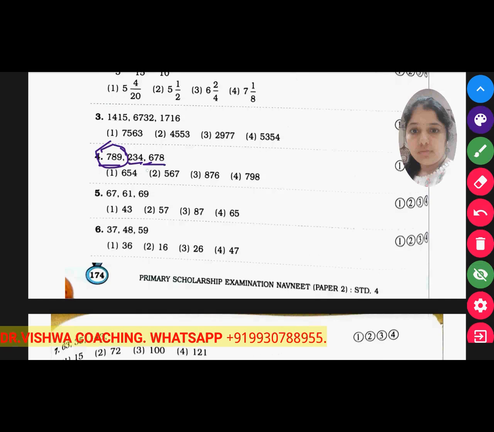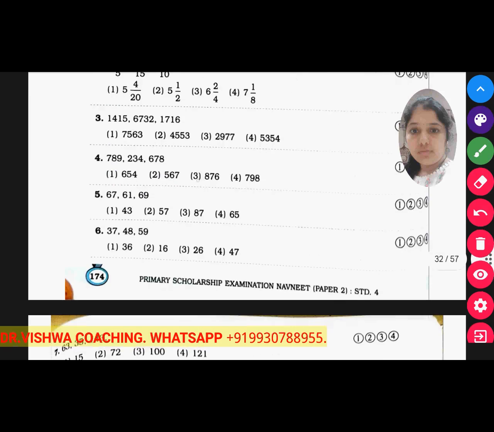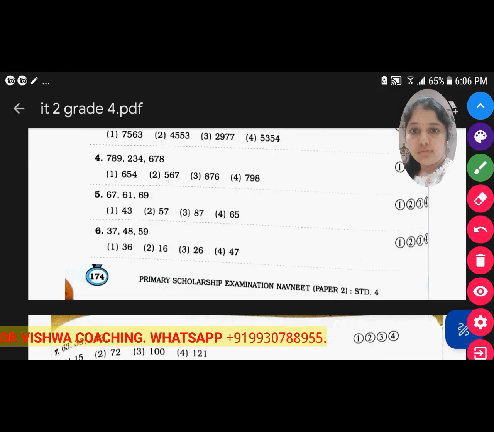So you have to find the option in which the digits are placed sequence-wise. 6 5 4, but they are reducing by one, not increasing by one. We want increasing by one, like 5, 6, 7. Yes, they are increasing by one. So 561 is the correct option here. 876, maybe we have to subtract one digit, but we have to add one digit. So the second option is the correct option.